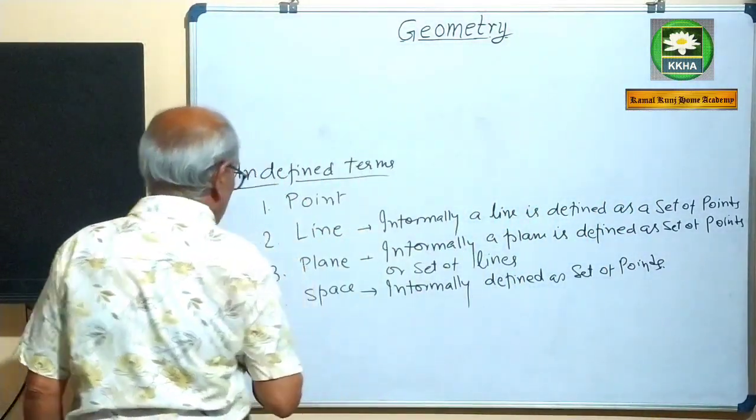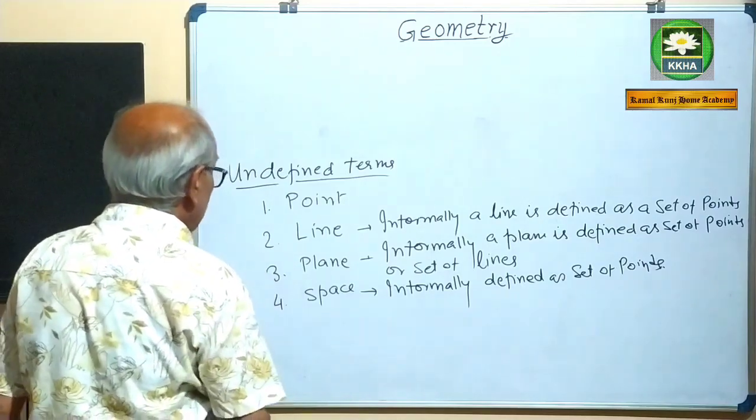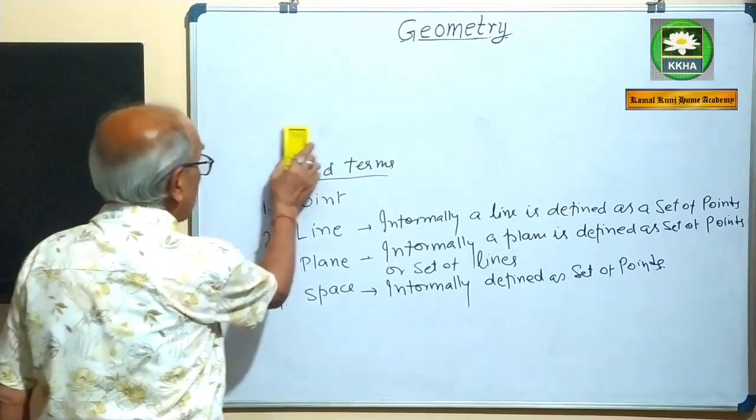So these are the 4 undefined terms: point, line, plane and space.